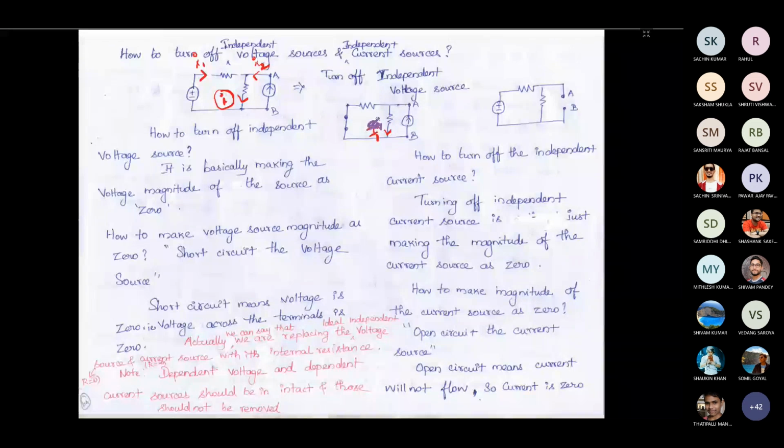We'll consider the current flowing through this as I dash. Now you can see here that I have made this voltage 0.